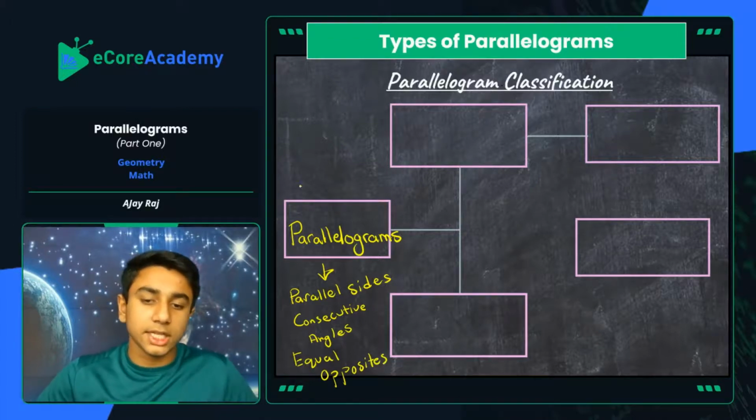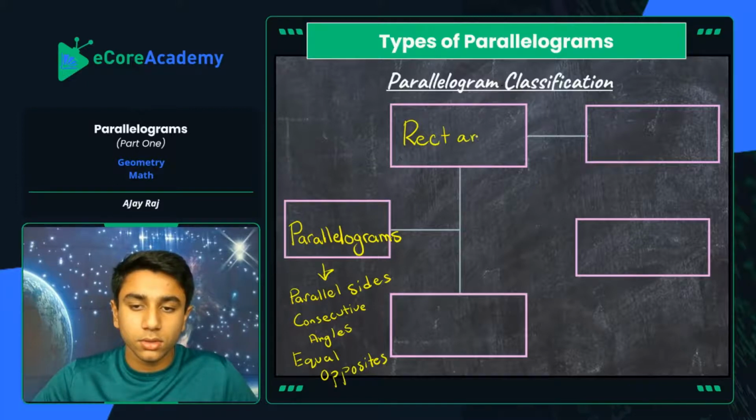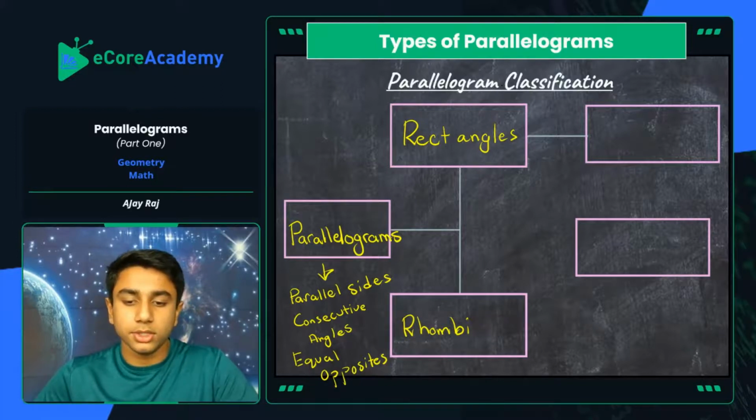So then the next classification, the next two general types of parallelograms are going to be rectangles and then rhombuses. I'm going to say rhombus or rhombi. Let's say that. That's our rhombi right here. Sorry, no two i's, just one i.